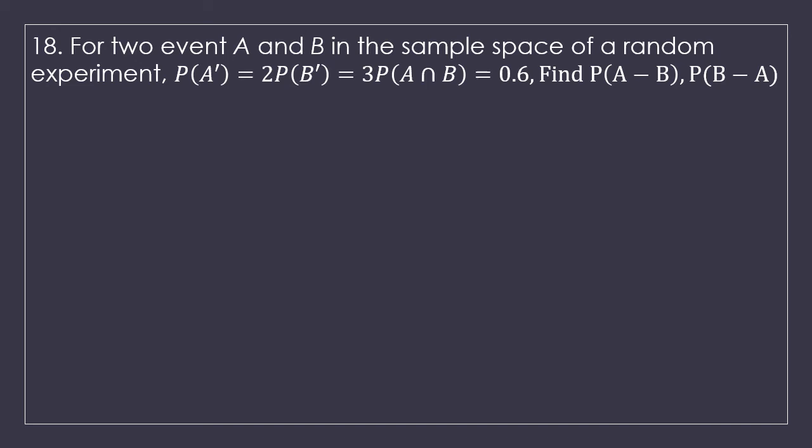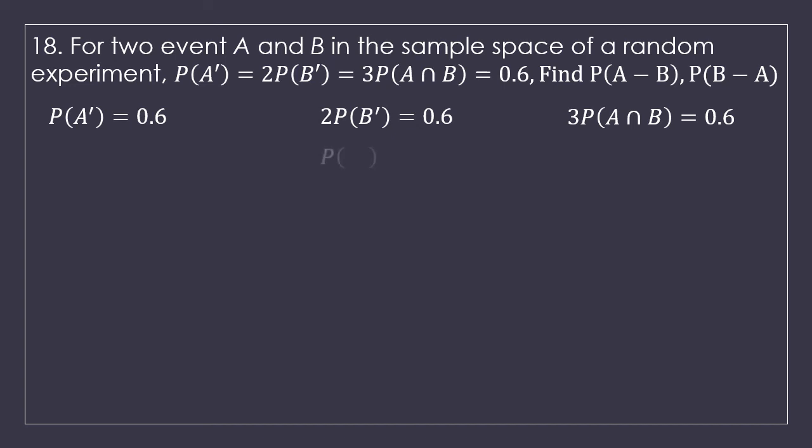That means P(A dash) is 0.6, 2 times P(B dash) is also 0.6, and 3 times P(A intersection B) is also 0.6. Before we find out what we are supposed to, let us simplify these values. 2 times P(B dash) is simplified as only P(B dash), the answer will be 0.3, and P(A intersection B) is 0.2. I have just divided them by the values.